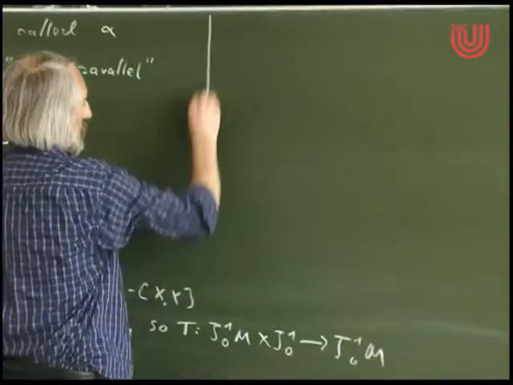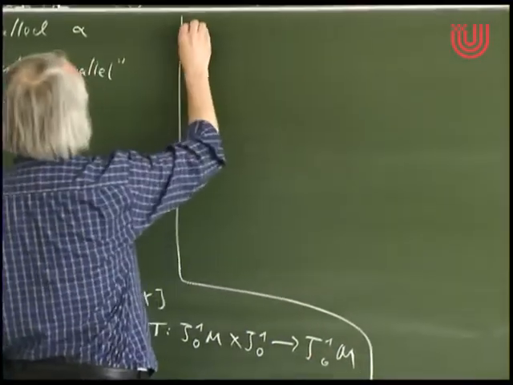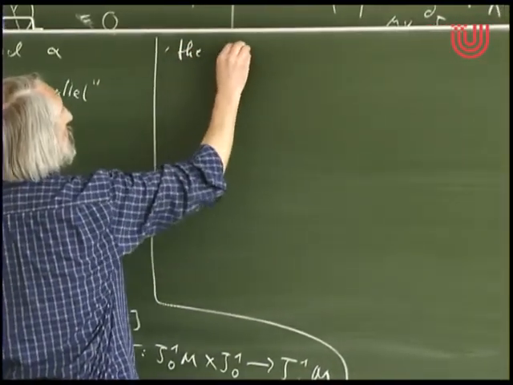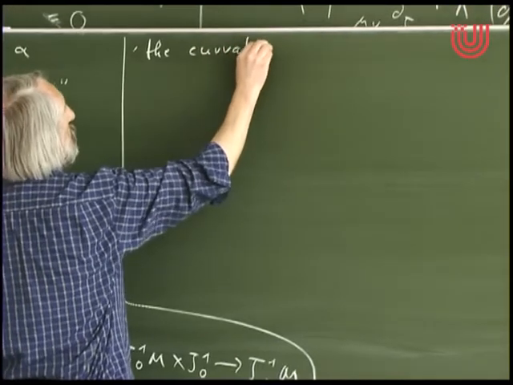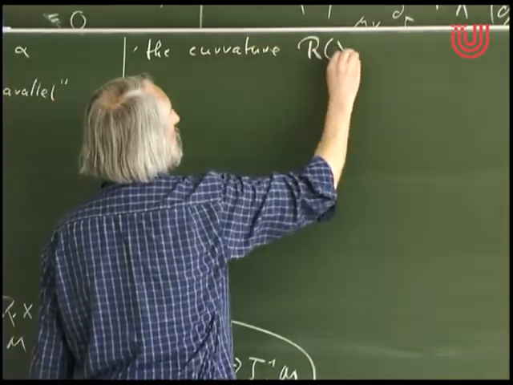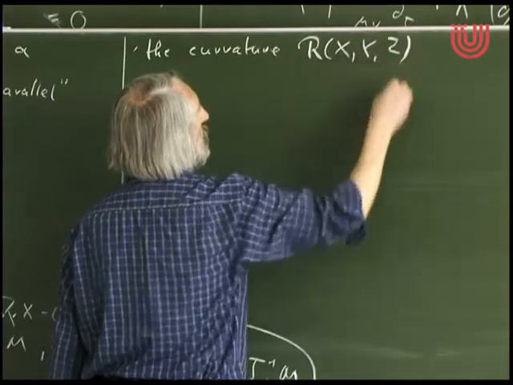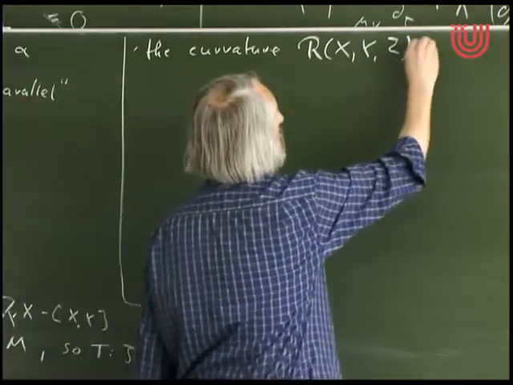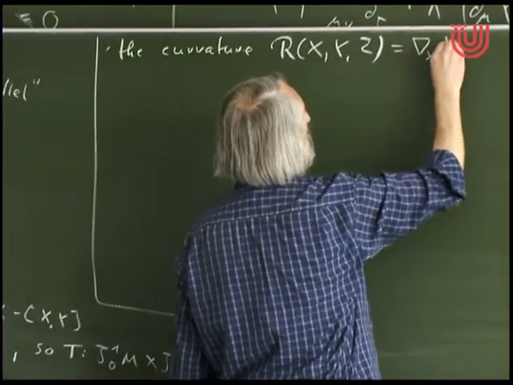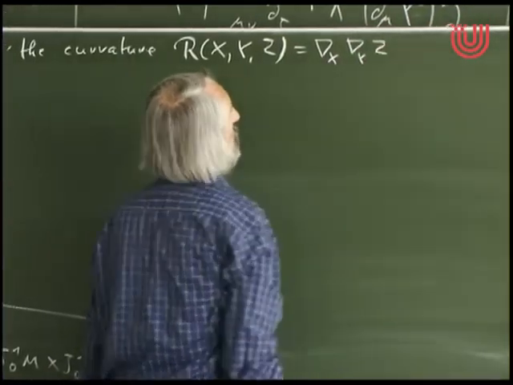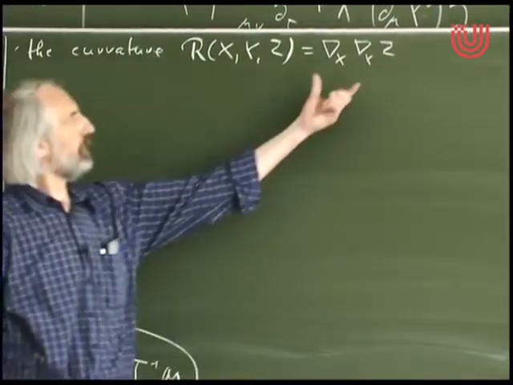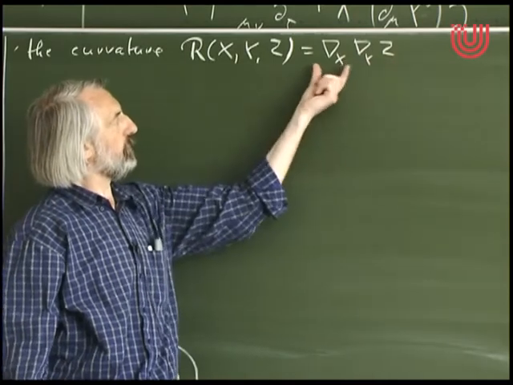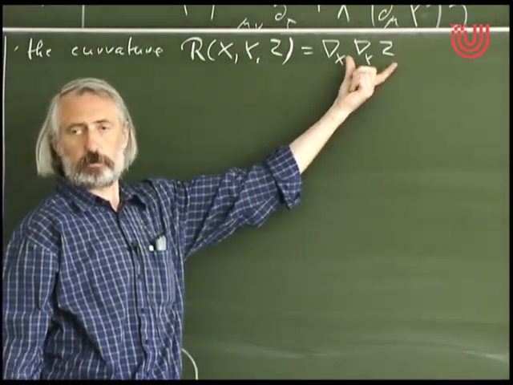And the other, even more important quantity is the curvature. The curvature has three slots, X, Y, and Z. It's defined in the following way. It's del_X del_Y applied to Z. That's a vector field, right? Covariant derivative of a vector field is again a vector field.